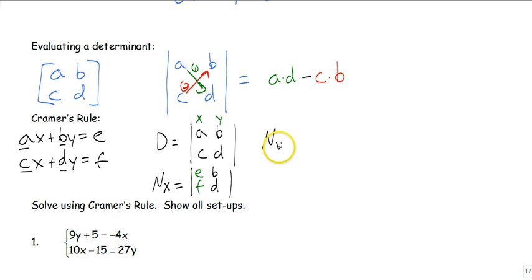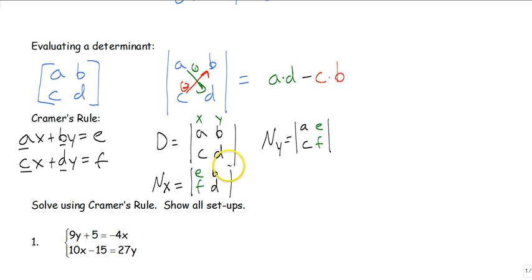Finally, we have to find N sub y to take care of our y coordinate. So we go back to a and c, but now we're subbing in e and f for the y coefficients. I know this looks very confusing right now, so just bear with me. Once we start working with the actual problems, you'll see how easy it can be.